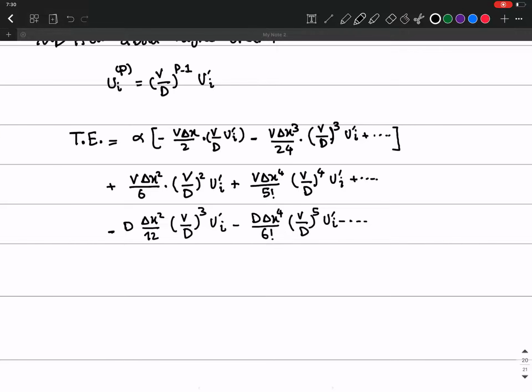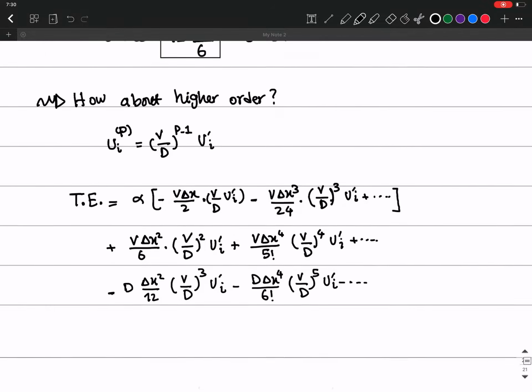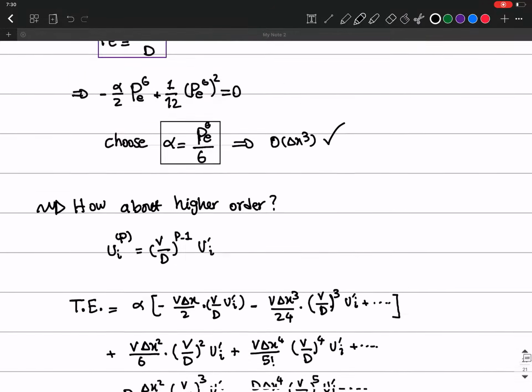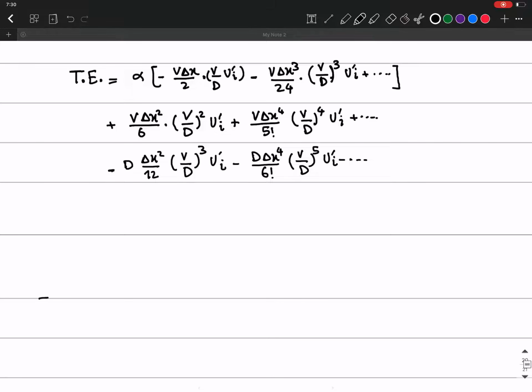And then in the next step, I'm going to divide this by V and substitute the Péclet number definition, which is V delta x over D here. So let's divide that by V. I'm going to get minus alpha. The first term is going to be delta x, V delta x over D times 1 over 2 times U prime I. So I'm going to factor U prime I. The first term is going to be Péclet P over 2.